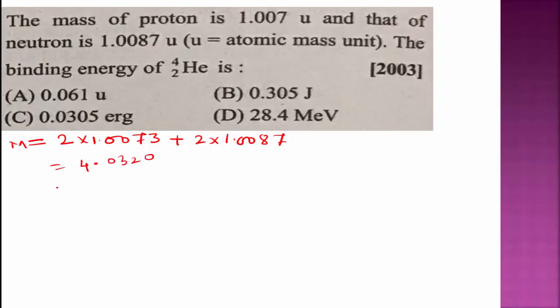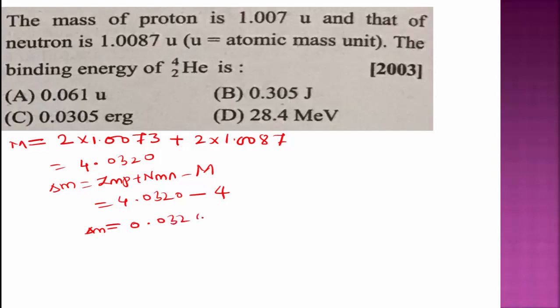We get the value 4.0320. Then the mass defect delta m is equal to ZMP plus NMN minus the actual mass of the nucleus. ZMP plus NMN is 4.0320 minus the actual mass, 4. We get the mass defect delta m as 0.032 atomic mass unit.